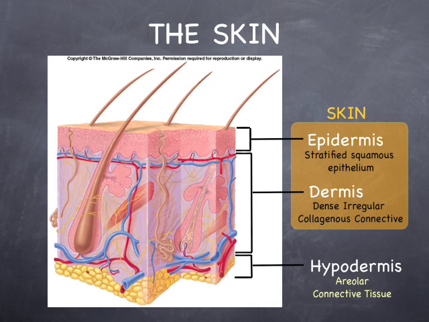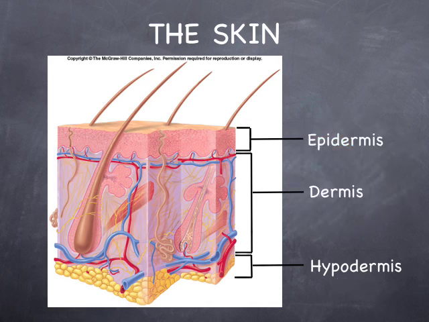So we have these major tissue types that make up each one of these three levels. And this is kind of a great review of what we've just talked about with connective and epithelial. All right. So here's our three tissue types, or our three sections to this.